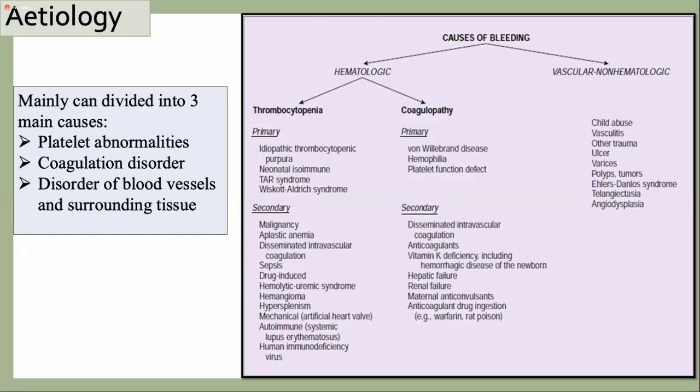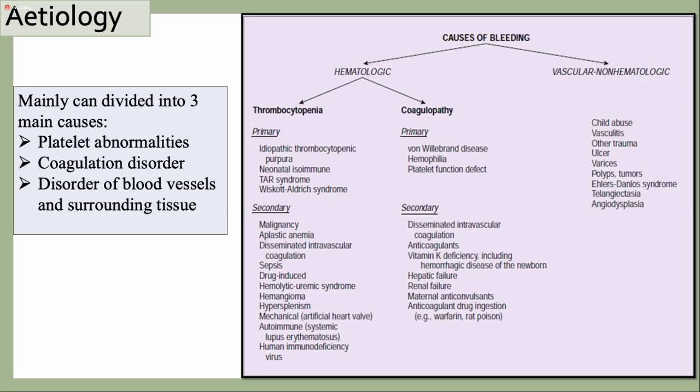Okay, all right. So this is the etiology. How the bleeding occurs can be divided into three main causes. The cause may be due to the platelet itself, or there is a problem in the coagulation process, or there is a disorder of the blood vessel and surrounding tissue.